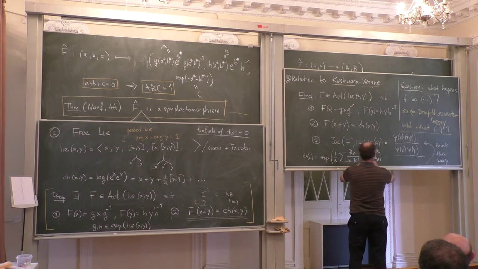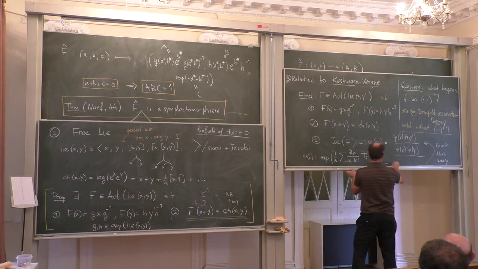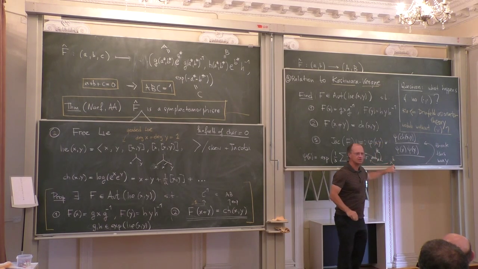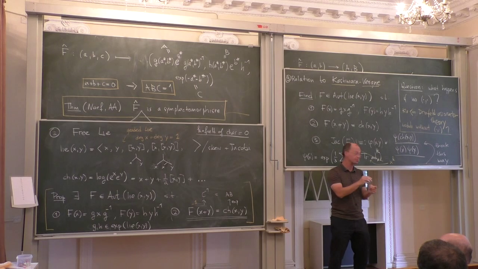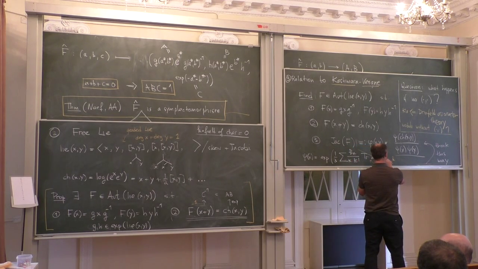Now formally one does the following: one takes x to the k, but then one considers it not in the enveloping algebra, but in the space of so-called cyclic words. There is a notion of cyclic words where you can commute.